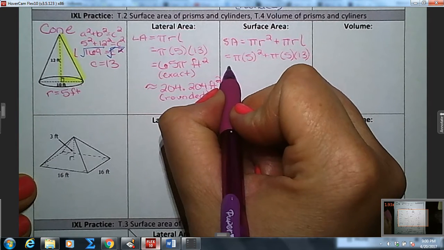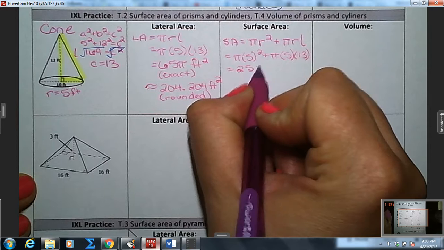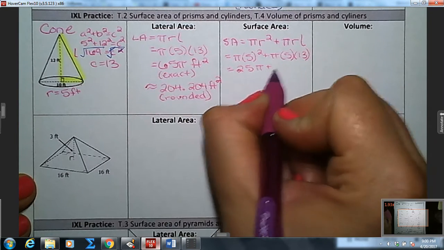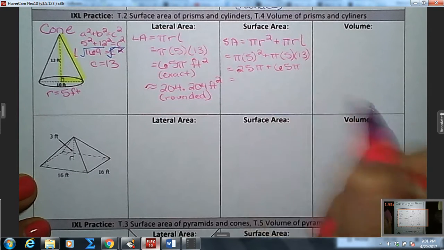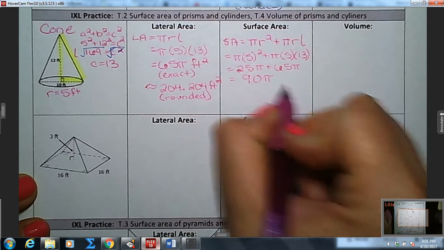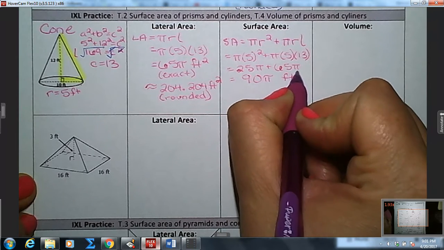First, I'm going to find my exact value. Well, 5 squared is 25. And we already found this exact value. It's 65 pi. 25 and 65 make 90. So my exact surface area is 90 pi feet squared.